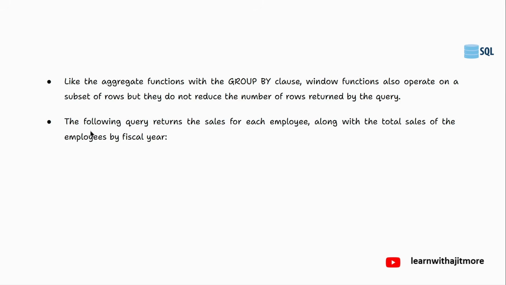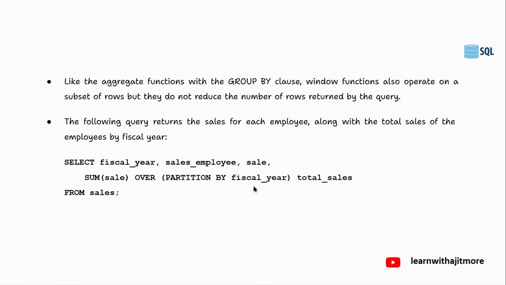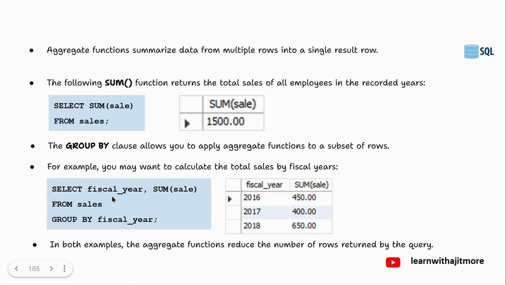Okay. So the following query returns the sales for each employee along with the total sales of the employees by fiscal year. Means what we are doing, the same concept which we did here, correct? Year wise total sale, year wise total sale.